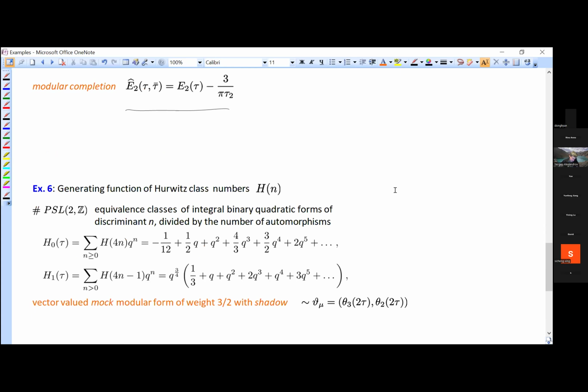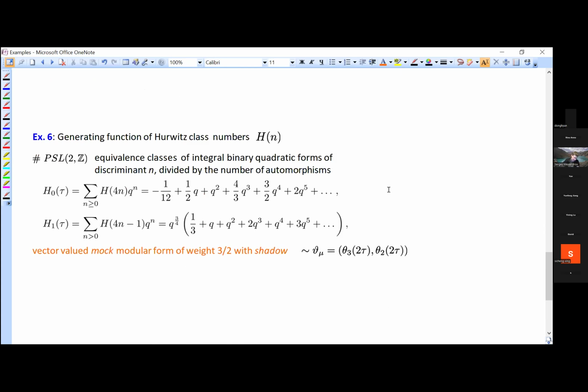Much more non-trivial example is the so-called generating functions of Hurwitz class numbers. So these are some special numbers in number theory, which correspond to some number of SL(2,Z) equivalence classes of integral binary quadratic forms of some fixed discriminant. Well, also you see divided by the number of automorphisms of this quadratic form. So doesn't matter. So in some way, you can define certain numbers, which are called Hurwitz class numbers.